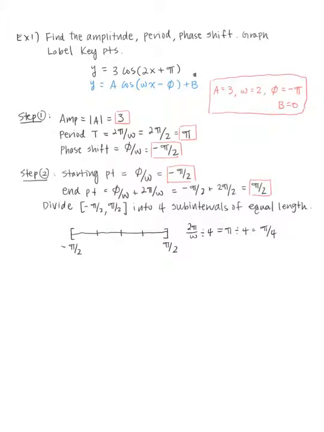So the increment of each subinterval is going to be pi over 4. Starting from negative pi over 2, this point is negative pi over 2 plus pi over 4, which is, let me erase this portion, which is what, negative pi over 4?